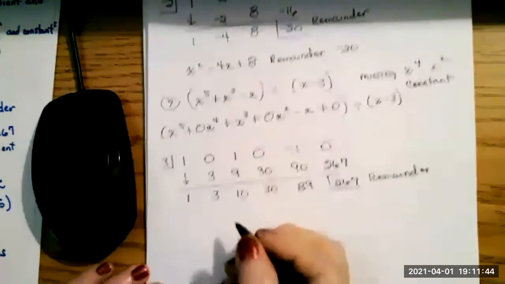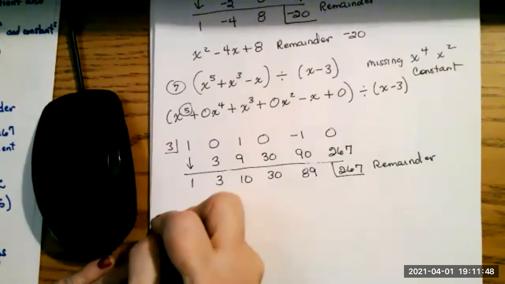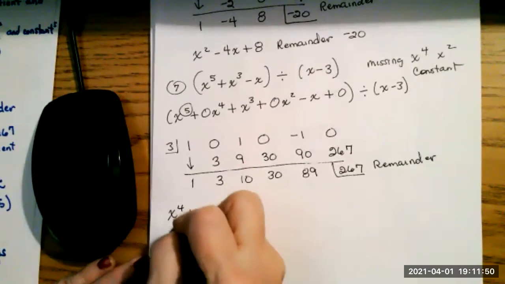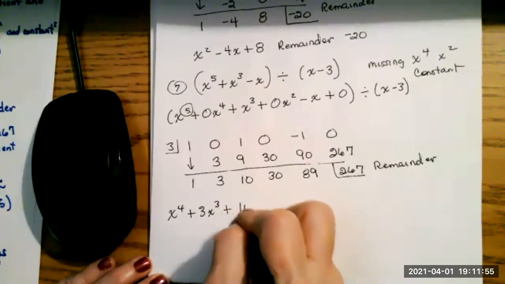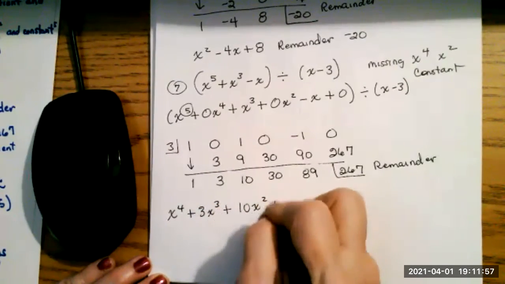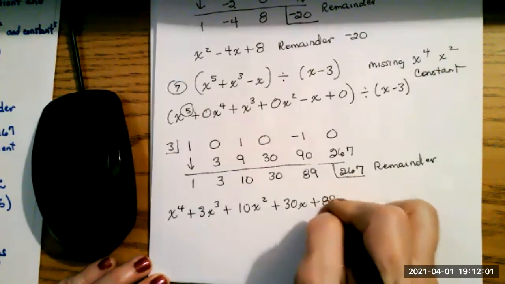Let's see what we've got here. We started with an x to the 5th. So we have a 1x to the 4th plus 3x to the 3rd plus 10x to the 2nd plus 30x plus 89.